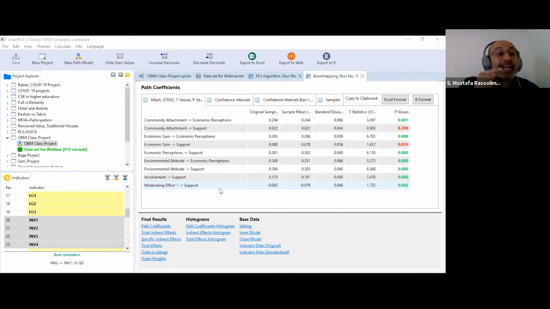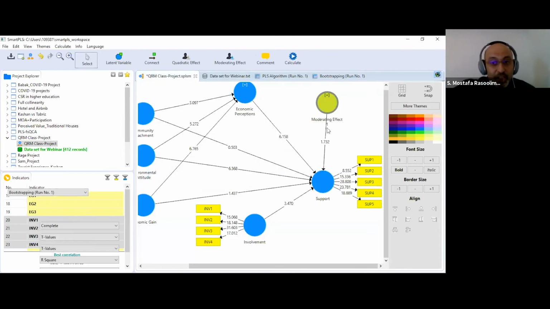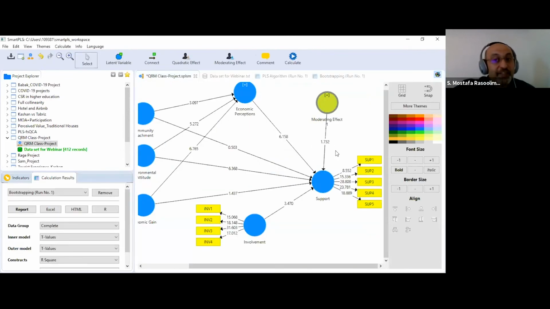So to interpret a moderator, we have to consider two different criteria. One, the coefficient of the interaction effect should be significant. Second, we have to check the sign of the interaction effect.